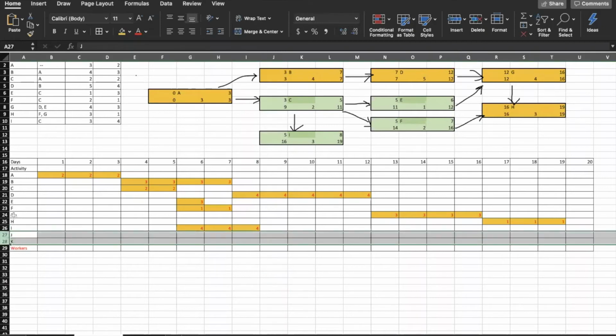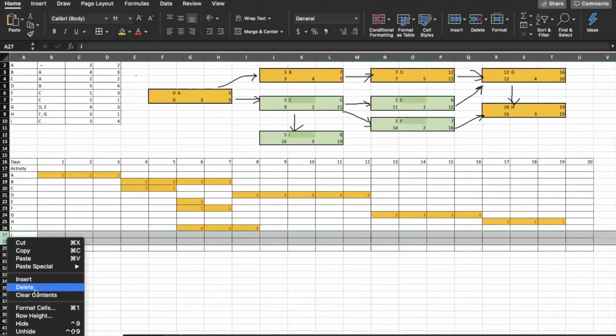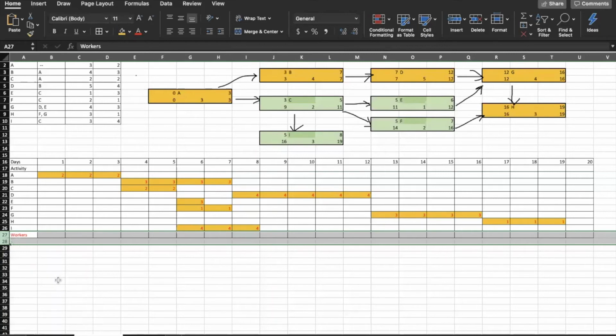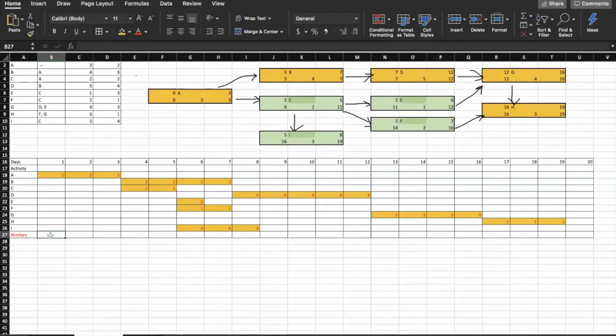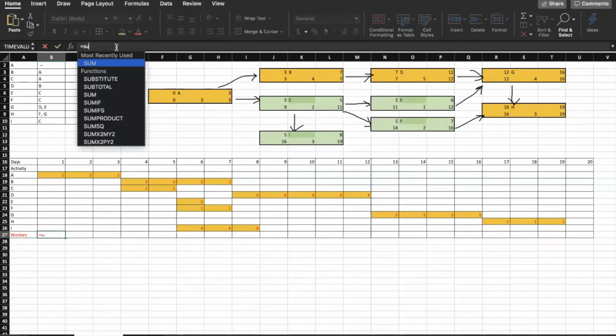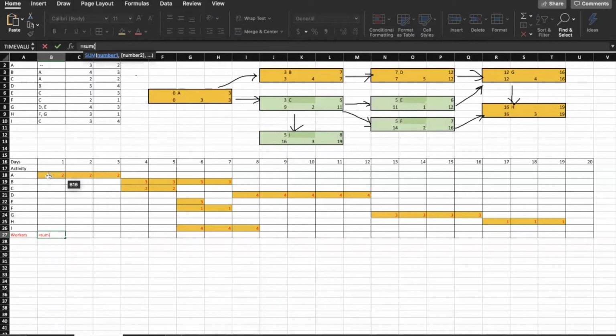Now we'll need to check out the total number of workers that we need for each day. And we'll do that by summing up the number of workers per day for each of the activities. So basically we are summing up the column from A to I for each of the days.